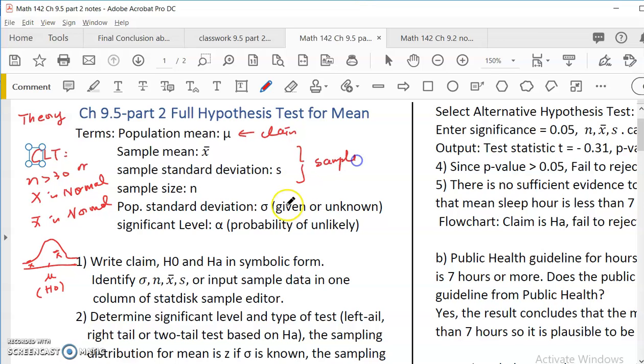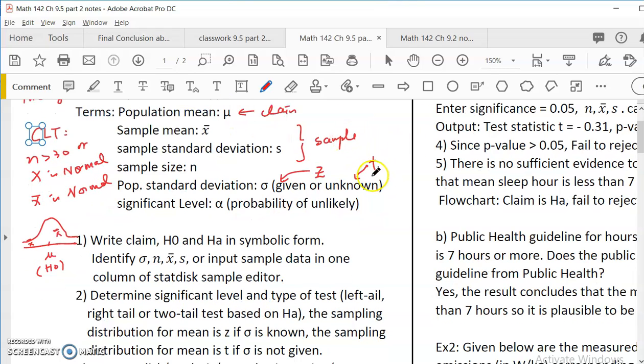Now, occasionally you would have sigma. If you have sigma, then you can use the Z normal distribution. If you do not know sigma, it is unknown, then you use the t distribution, just like in the confidence interval. So when we do a hypothesis test for mean, you have to think carefully whether you're using t or z.